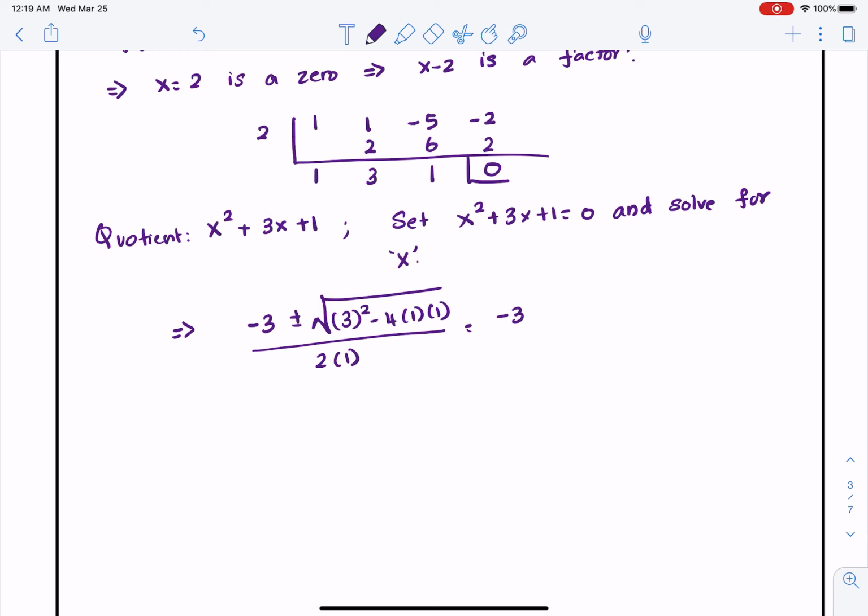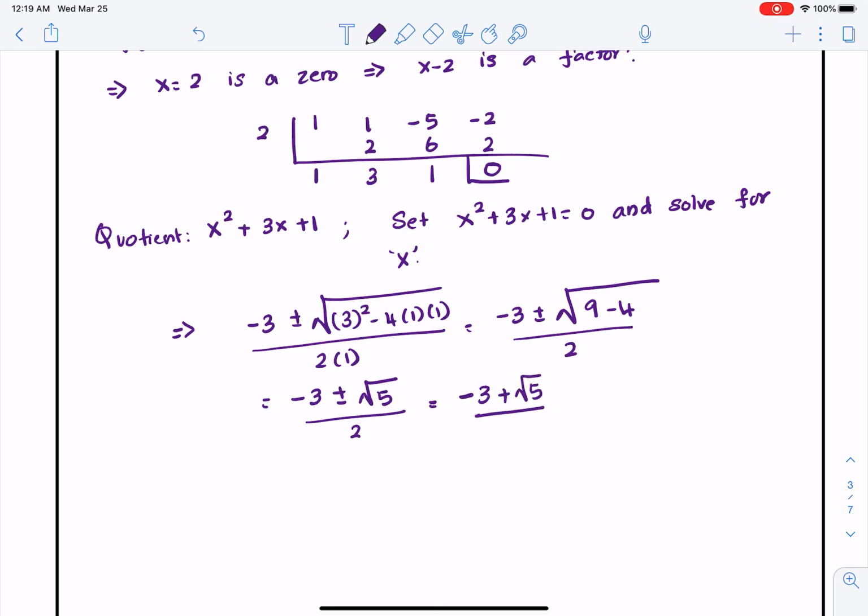So minus 3 plus or minus the square root of 9 minus 4, divided by 2, so minus 3 plus or minus the square root of 5 over 2. So the roots are minus 3 plus root 5 over 2 and minus 3 minus root 5 over 2.